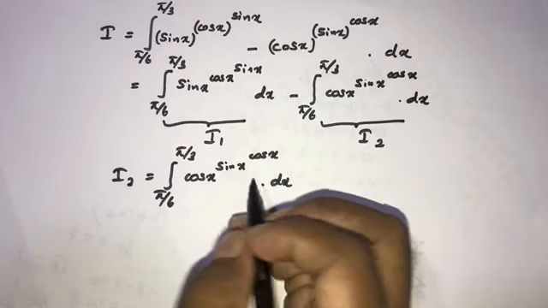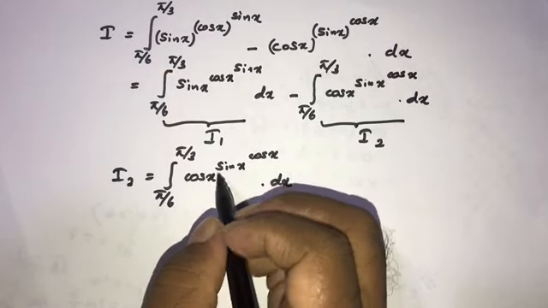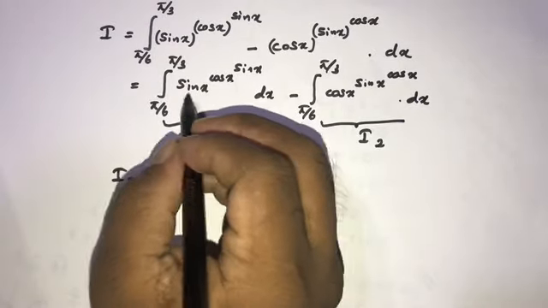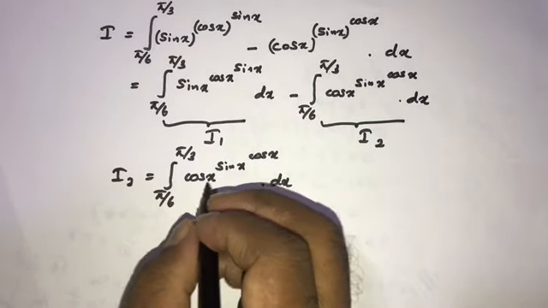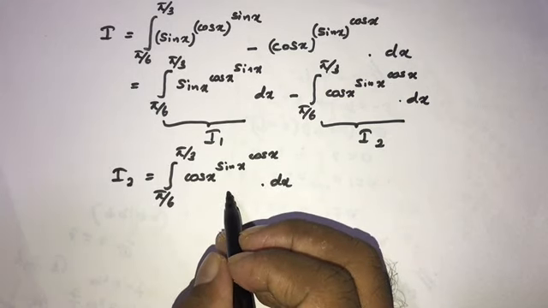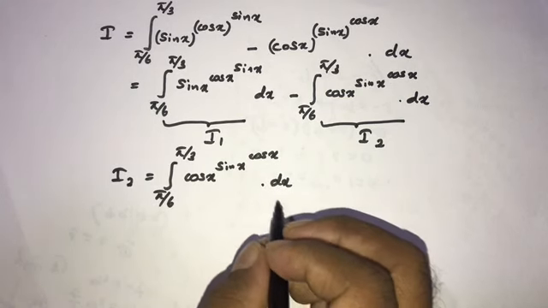Okay, now I will try to change the base because in this integral the base is sin x, in this integral the base is cos x. Okay, now we can use the substitution method.